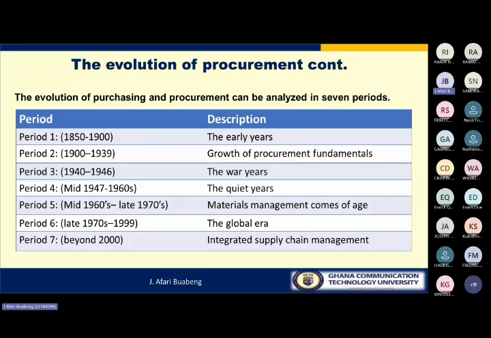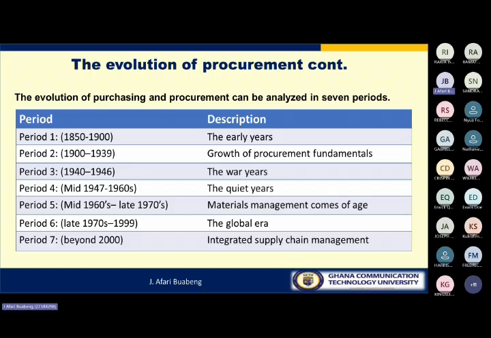So we call it the early years. We have the period 1900 to 1939, the growth of procurement fundamentals. That is the name we give to this period. Period 3, 1940 to 1946, the war years.